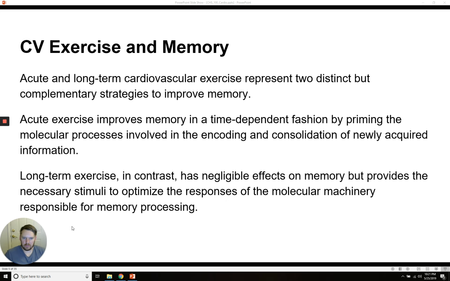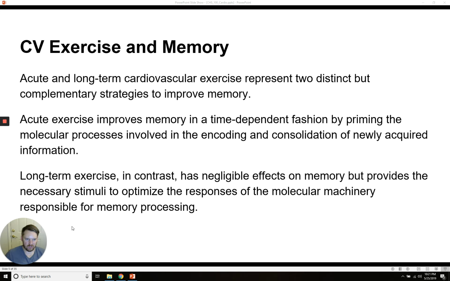Now, long-term exercise, in contrast, doesn't have as much effect on memory itself, but it does provide the necessary stimuli to optimize the responses or the molecular machinery responsible for memory processing.